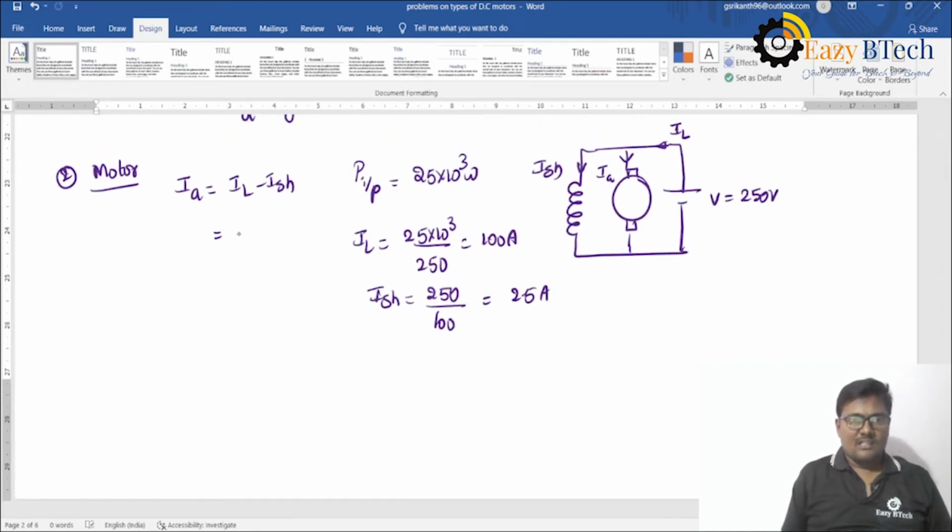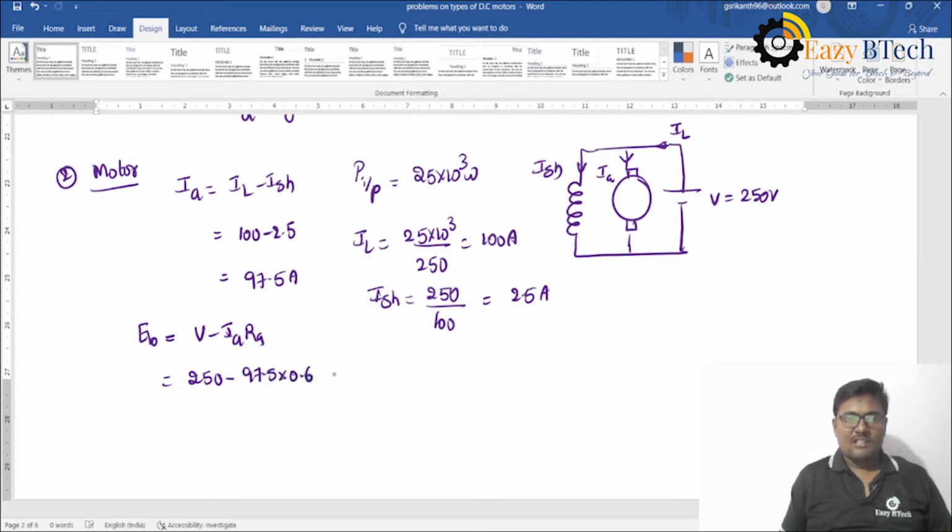Now IA is equal to 100 minus 2.5. Then I got the answer as 97.5 amperes. Then back EMF EB is equal to V minus IA RA, 250 minus 97.5 into the armature resistance 0.6. Then I got it as 191.5 volts.